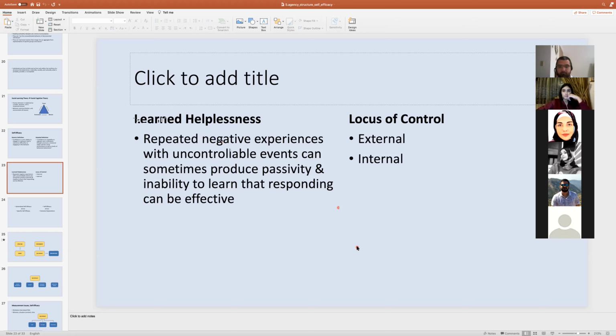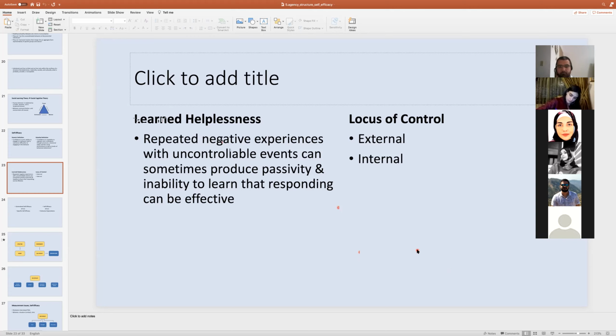So that's learned helplessness: sometimes when people want to engage in behavior change, but they are faced with barriers and uncontrollable events, they become passive. If they try multiple times and they can't achieve their goal, they become passive and they give up.